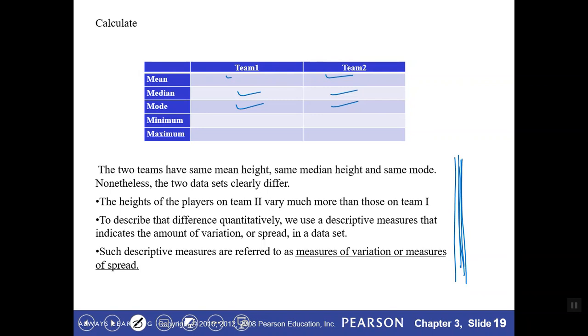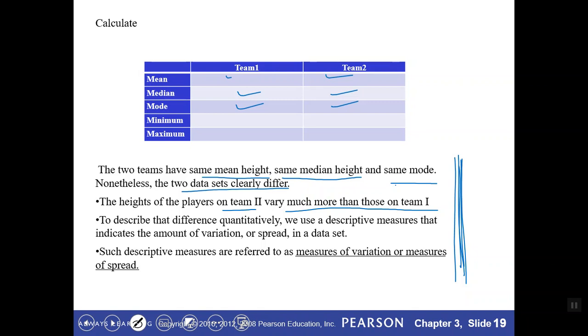If you fill this table correctly, you can see that both teams have the same mean height, same median height, and same mode. Nonetheless, the two data sets clearly differ. Yes, definitely, those two data sets are different. The heights of the players on team 2 vary much more than those on team 1. Yes, we saw that. I explained that.